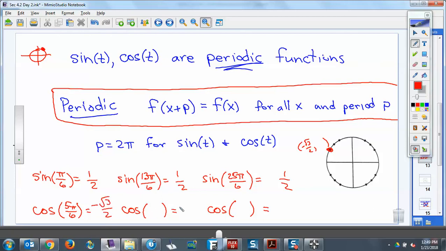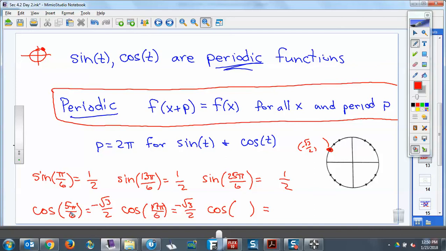So what would be another one that would have negative root 3 over 2? Now, I know there's another one down here. I know this one would also have negative root 3 over 2, but that's not what I'm saying. I'm saying that repeats. So go around another 2 pi. So what would you add on if it's pi over 6? 12 pi over 6. So 17 pi over 6. You know what? Let's go the other way. Let's take away 12 pi over 6.